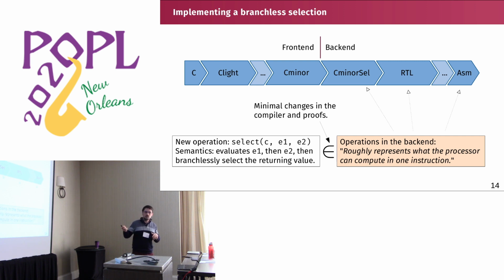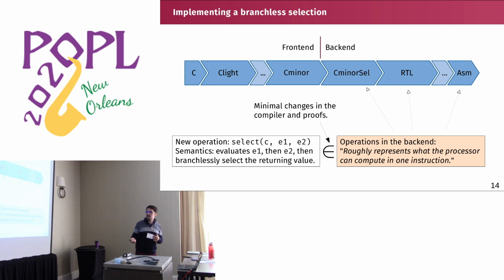It is a representation which is shared by all the intermediate languages, and implementing this selection operation directly as one of these operations allowed us to bypass all the backend languages. So we didn't have much to change except for the beginning of the backend and the end of the backend. And so our new selection operation performs as such.